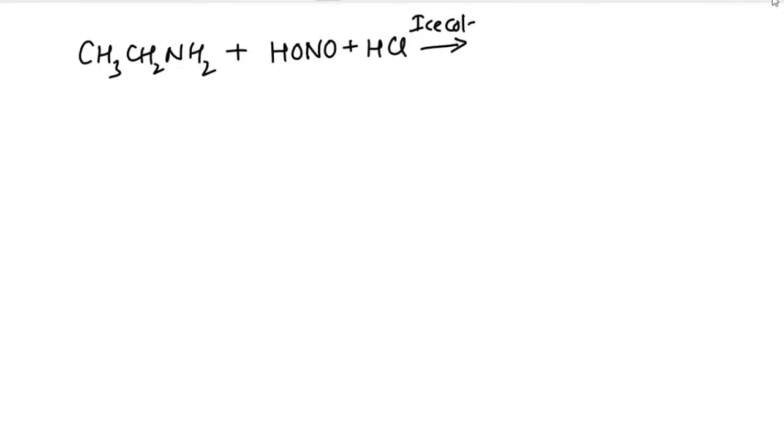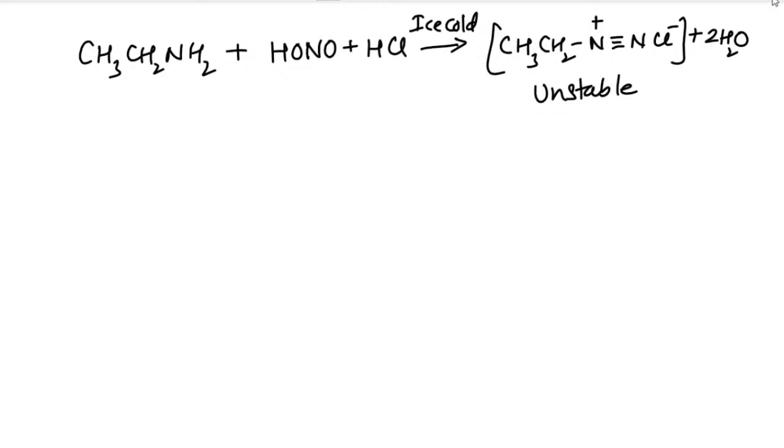See, when we have ethylamine with nitrous acid in acidic medium in ice cold solution, first of all the same product is formed, meaning diazonium salt is formed, but the diazonium salt of this aliphatic amine is highly unstable.